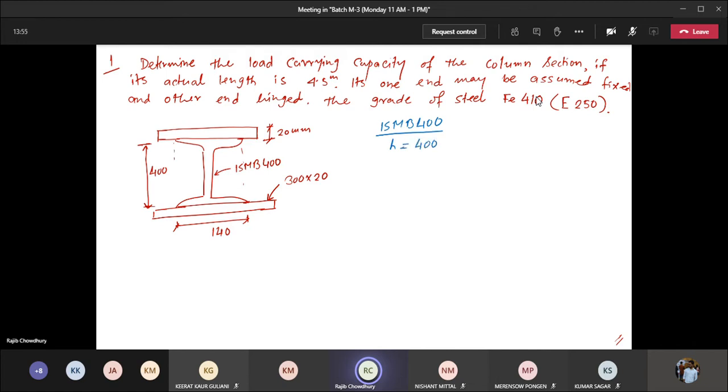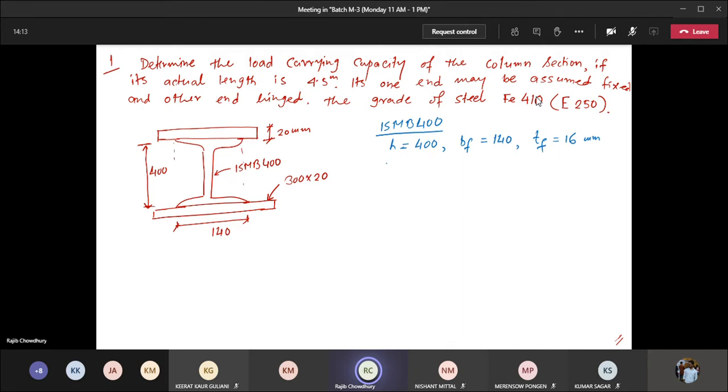H is equal to 400, breadth of the flange is equal to 140 mm, thickness of the flange, all these things you will be getting from the steel table, which I believe that I have already uploaded.